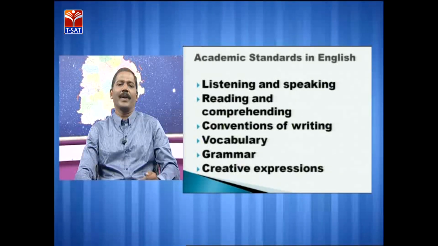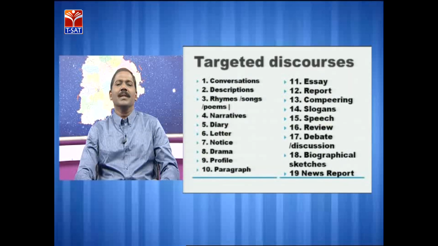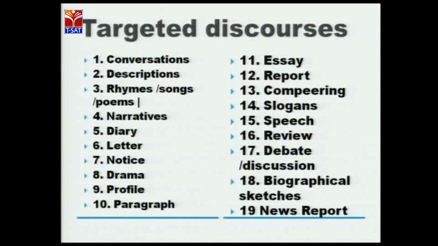So that is why, as far as English is concerned, we have academic standards in English: listening and speaking, reading and comprehending, conventions of writing, vocabulary, grammar, creative expression. What are our objectives? Our objective is to attain these 6 academic standards. These 6 academic standards are targeted in nearly 20-21 discourses, and 19 of them are targeted in 10th class itself.